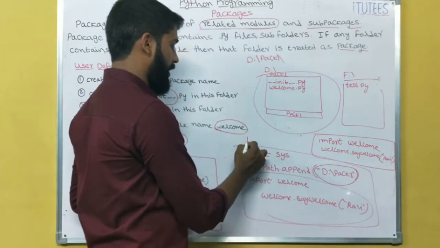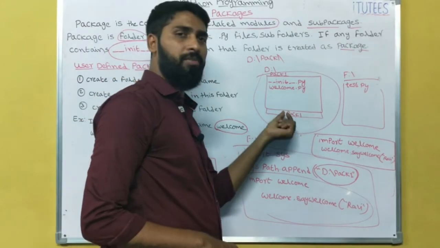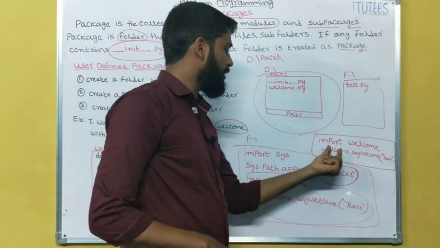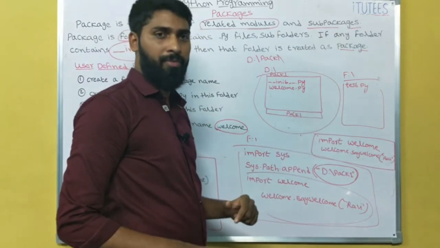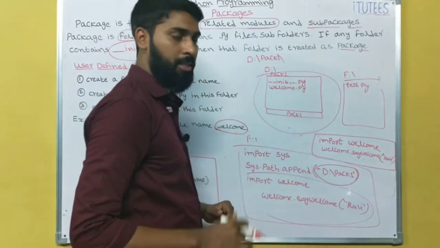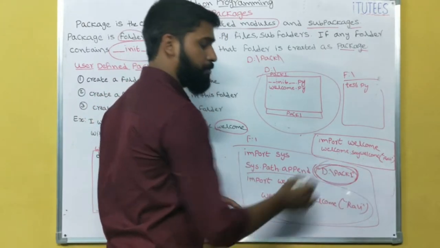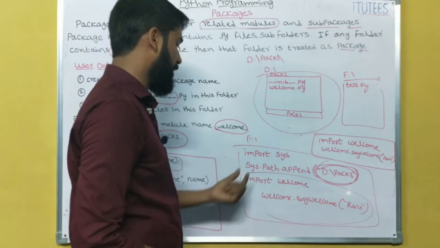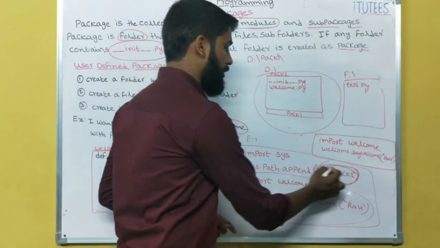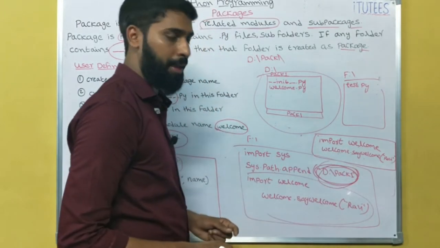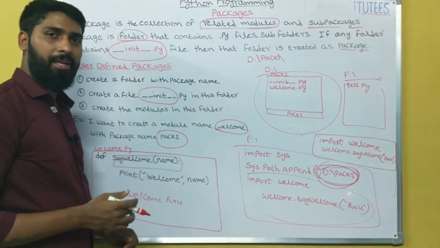If you have saved this file in F drive, in some other location, and the testing file and the module file are both in the same location, then there is no problem. If both are in different locations, then we can give the package path to your program: import sys, sys.path.append, and this is the location of the package. That's it. In this way we create the package and use the package.